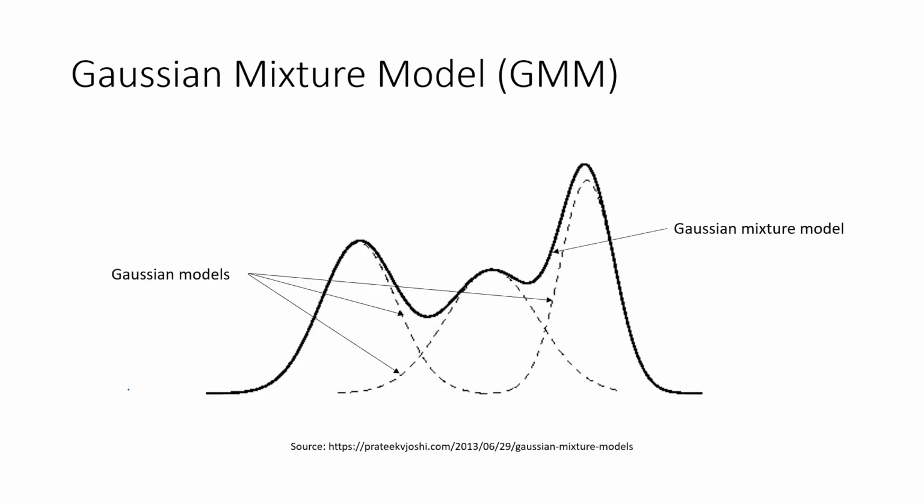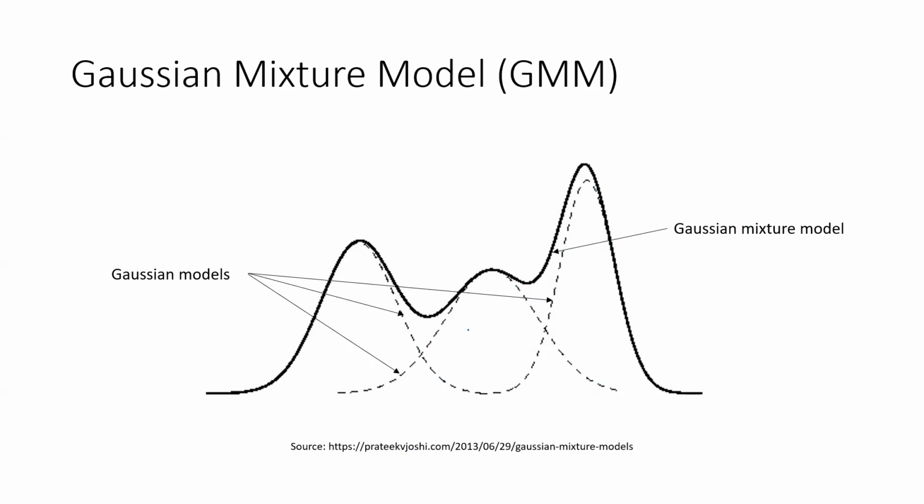Suppose these are the Gaussian models. There are three Gaussian models, and this one is the Gaussian mixture model. This Gaussian mixture model is an addition of all these three Gaussian models. What you have to do is first find the mean values, variances, and the proportions of these distributions, and then find from which cluster each point comes.